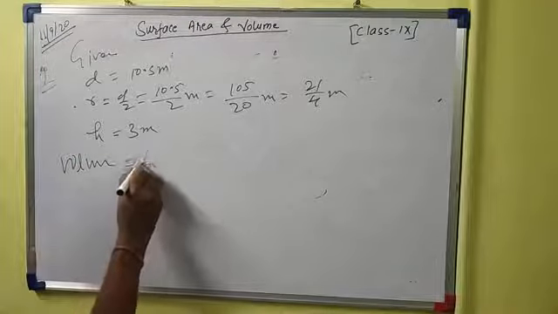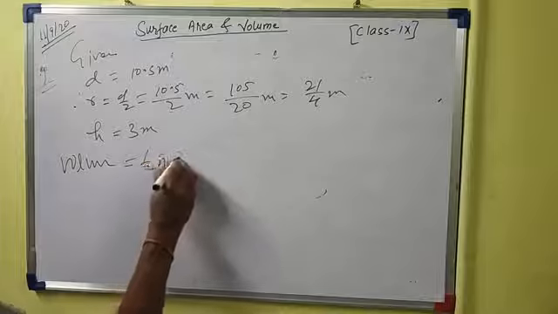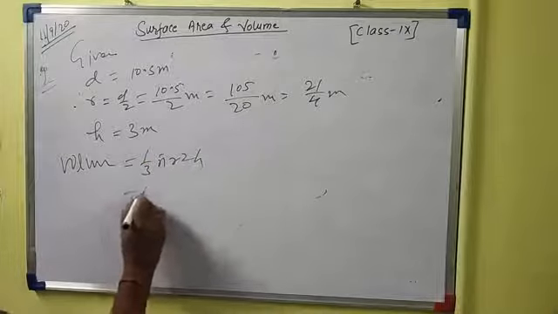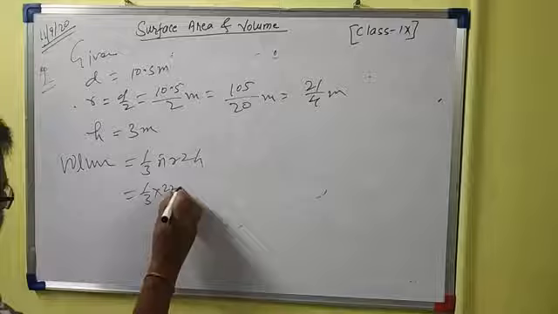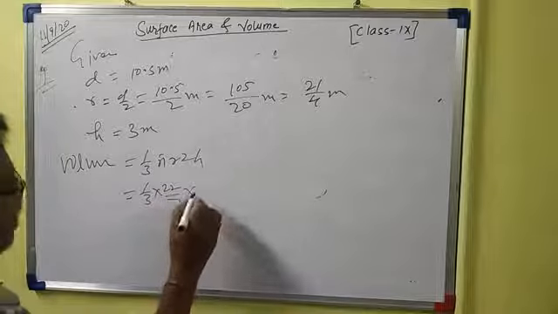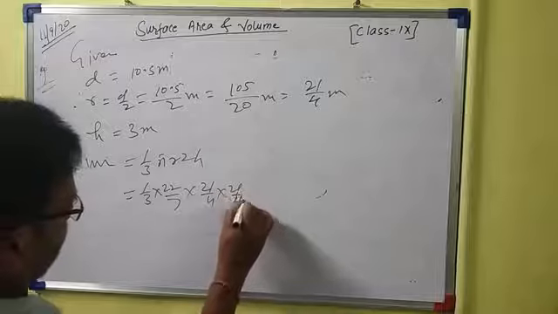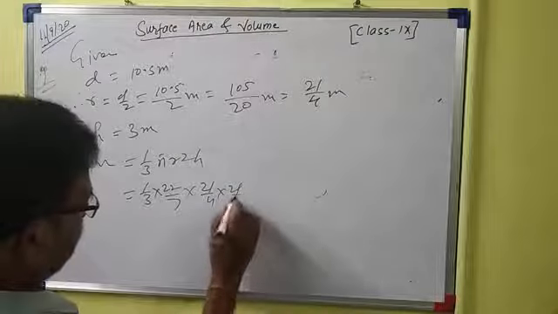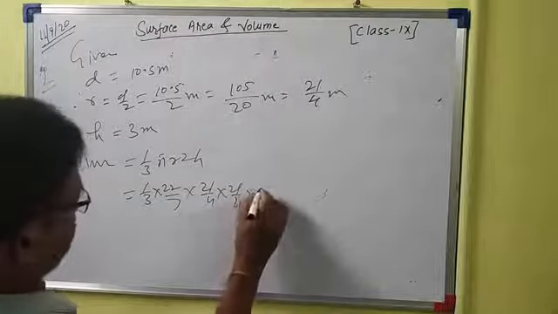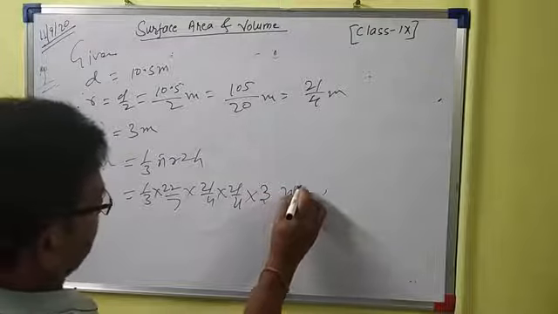Volume equal to 1 upon 3 pi r square h, 1 by 3, 22 by 7, r means 21 by 4 into 21 by 4, value of h 3 meter cube.